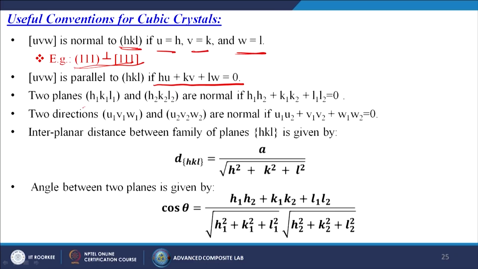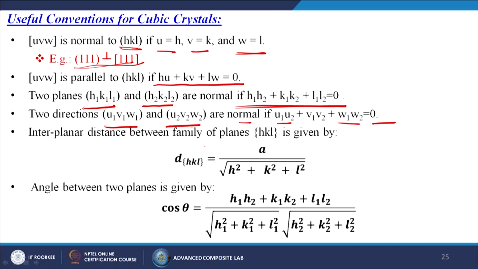Two planes (H1 K1 L1) and (H2 K2 L2) are normal if H1 H2 plus K1 K2 plus L1 L2 is equal to 0. Two directions [U1 V1 W1] and [U2 V2 W2] are normal if U1 U2 plus V1 V2 plus W1 W2 is 0.